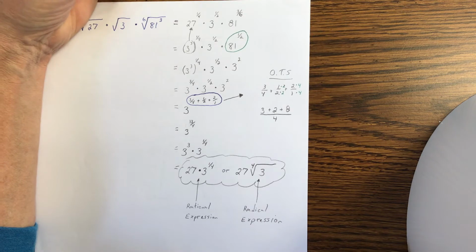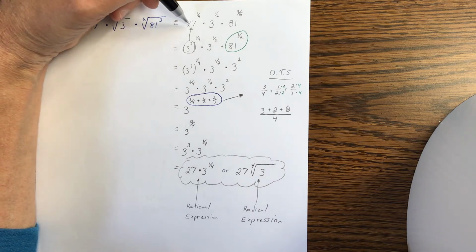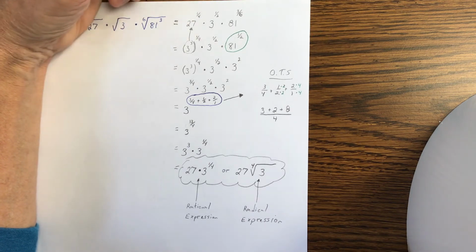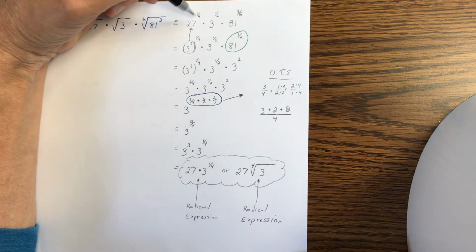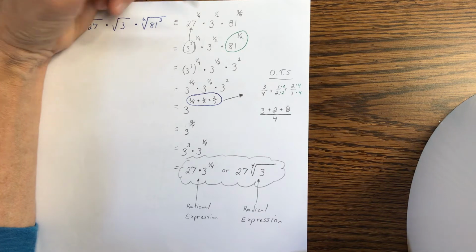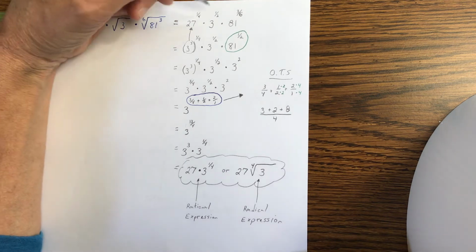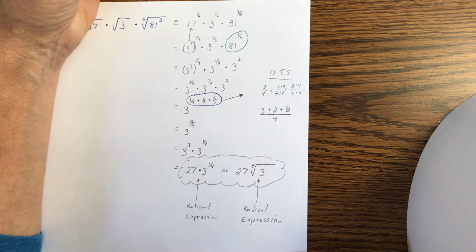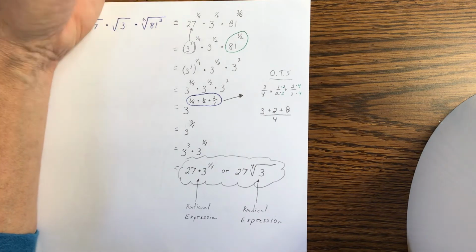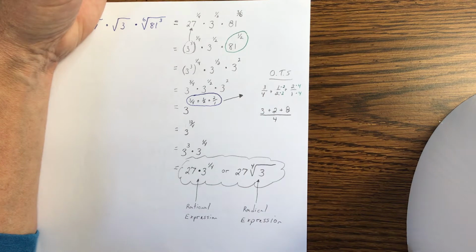Now, in order for us to simplify this example using the power times a power rule, we have to have the same base. So the first thing we're going to do is work it out so that we get the same base.